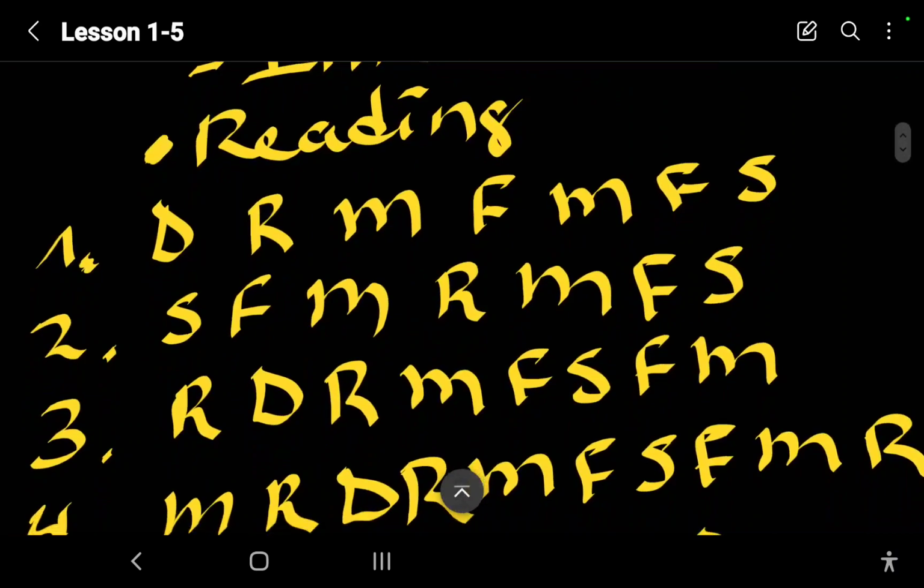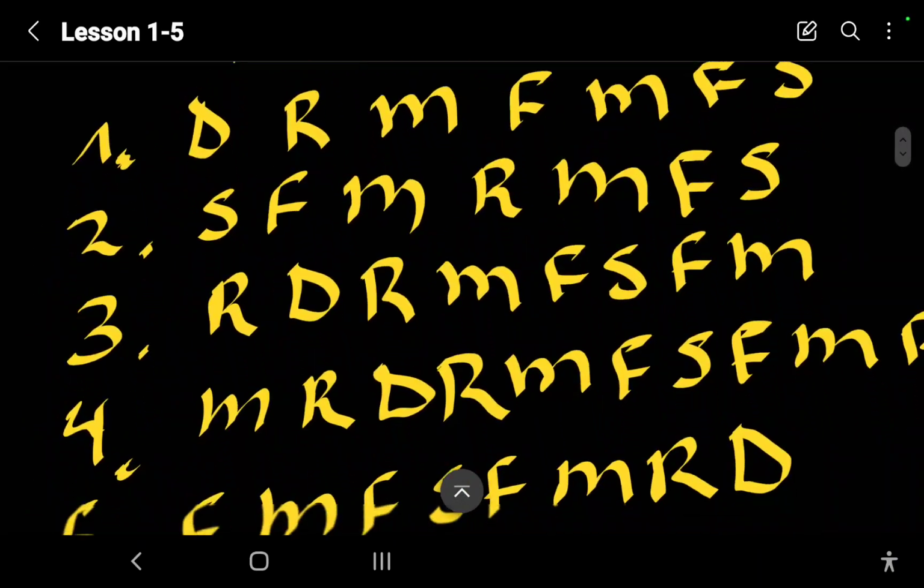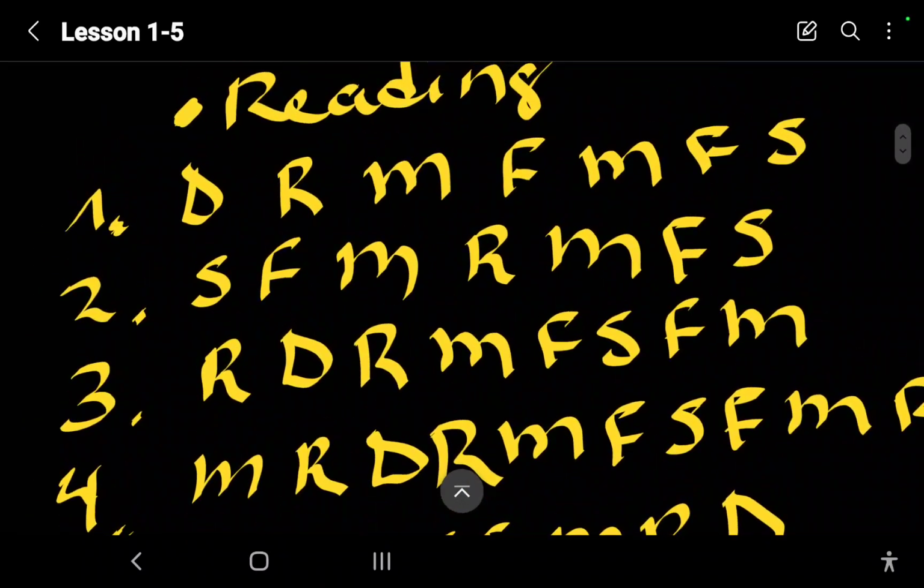So next we have reading. I am going to recite the solfege, and you will have to write them down in Braille music notation.